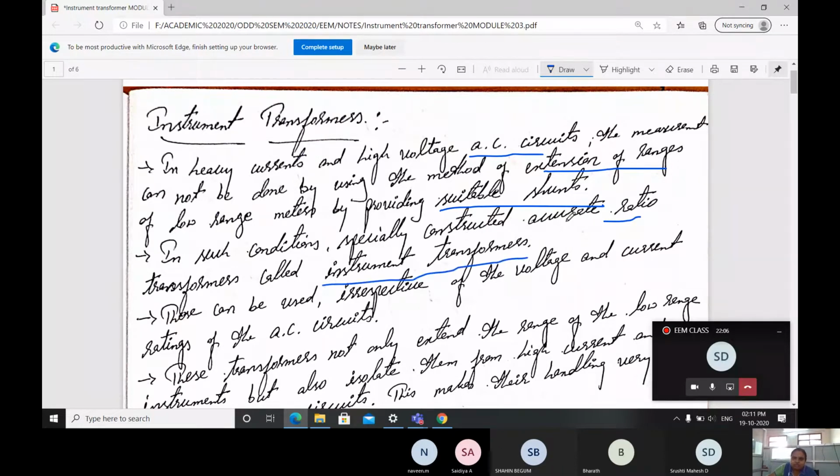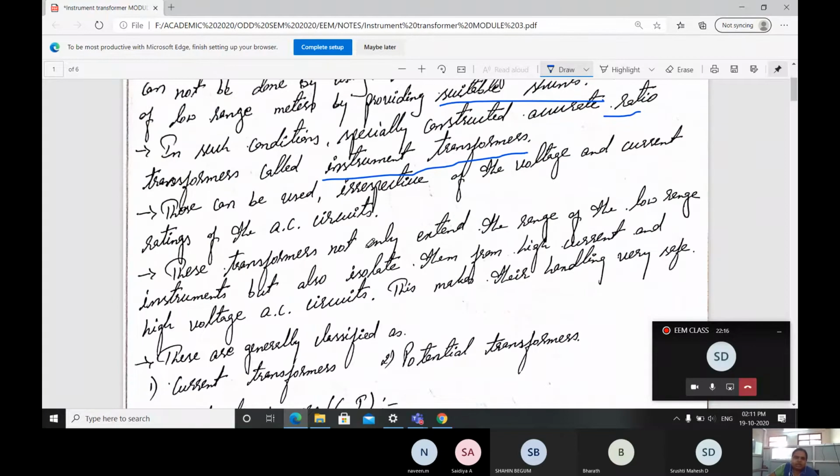What construction do we go for to measure heavy currents and voltages? That is taken as the instrument transformer, and this can be used irrespective of the voltage and current ratings of the AC circuits.